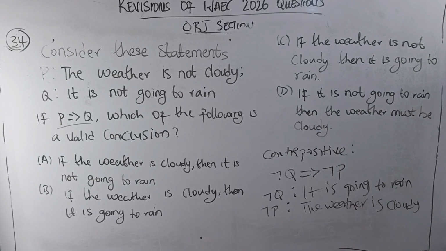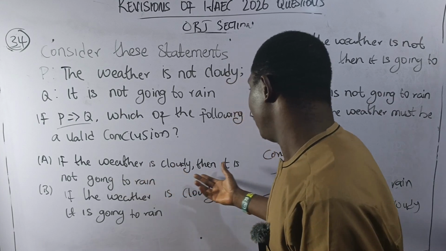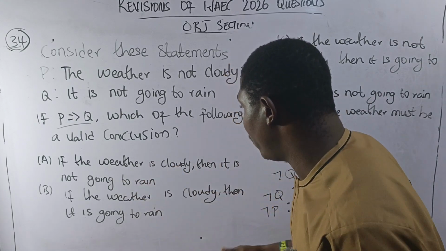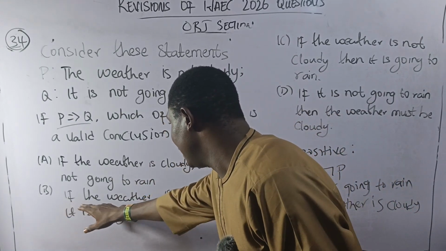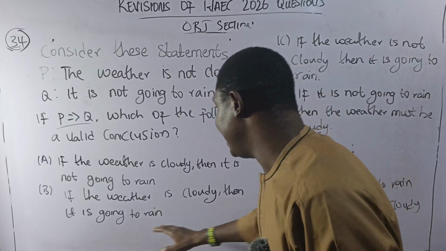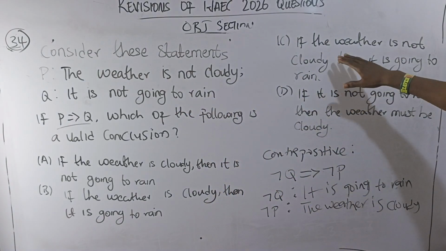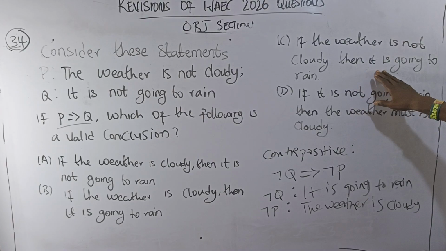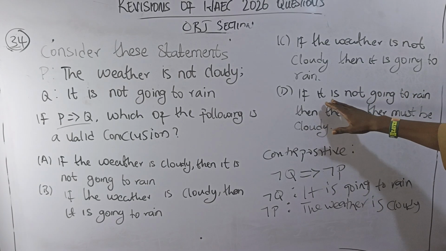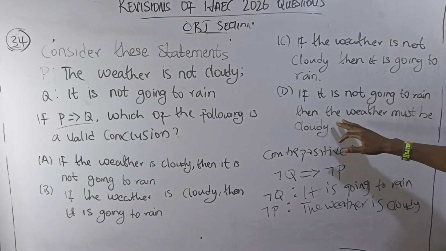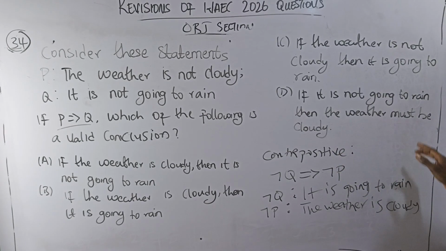Option A, if the weather is not cloudy, then it's not going to rain. Not correct. Option B, if the weather is cloudy, then it is not going to rain. Not correct. Option C is, if the weather is not cloudy, then it is going to rain. Still not correct. And option D is, if it is not going to rain, then the weather must be cloudy.